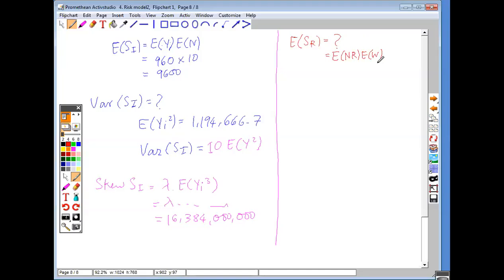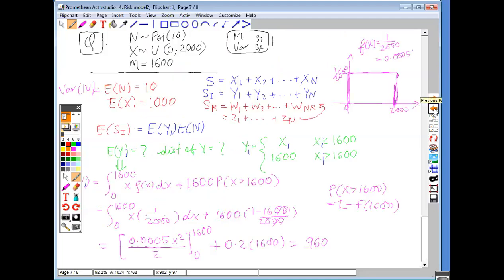And what do you remember of NR? That NR follows Poisson with lambda pi. NR follows Poisson with lambda pi.